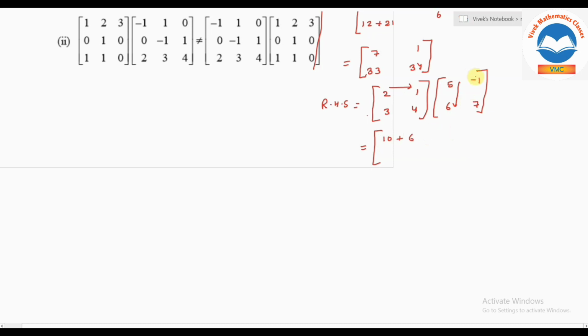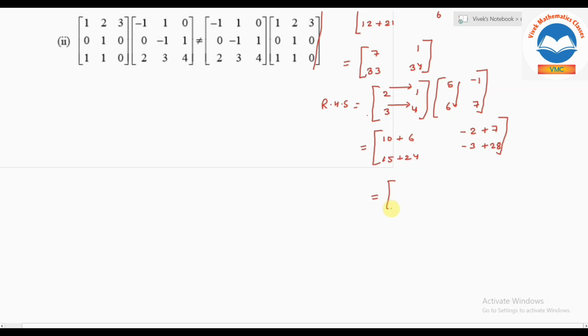Next, first row, second column: 2 into minus 1 will be minus 2, 1 into 7 will be 7. Next, second row, first column: 3 into 5 will be 15, plus 4 into 6 will be 24. Next, 3 into minus 1 will be minus 3, and plus 4 into 7 will be 28.